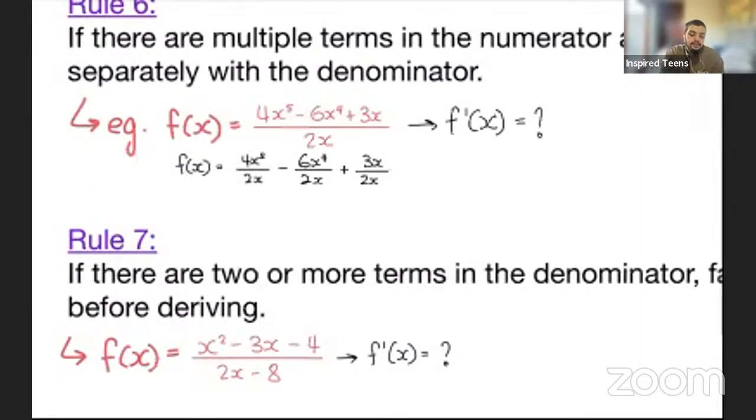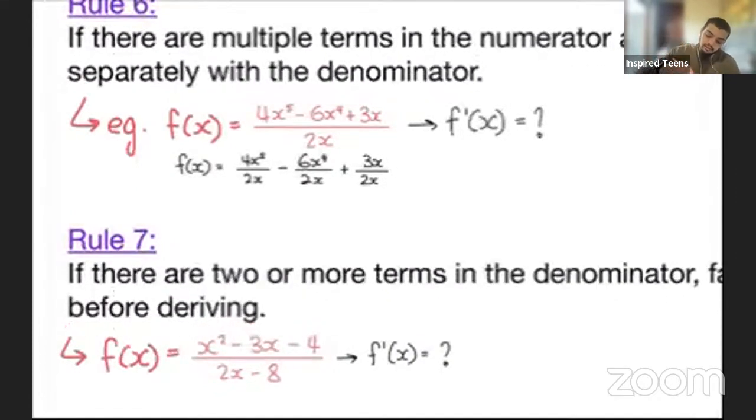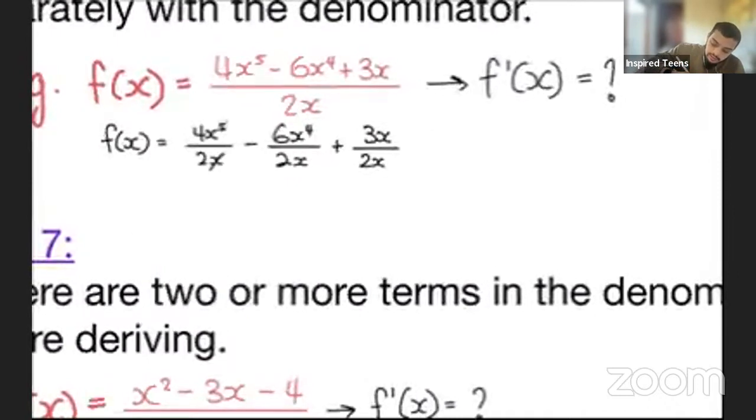Now before we even derive, we can simplify. This x makes that 4, this x makes that 3, and these x's cancel. 4 divided by 2 is 2x to the power of 4. 6 divided by 2 is 3x to the power of 3, plus 3 over 2.